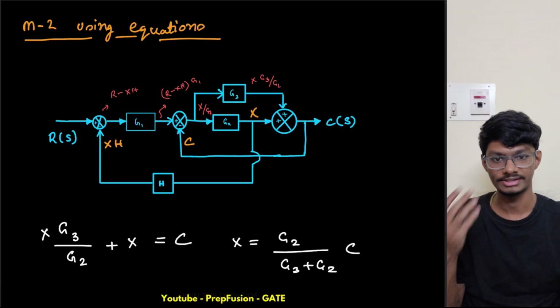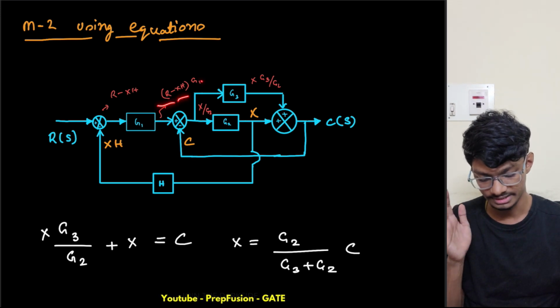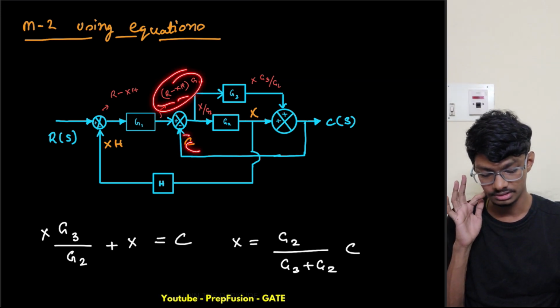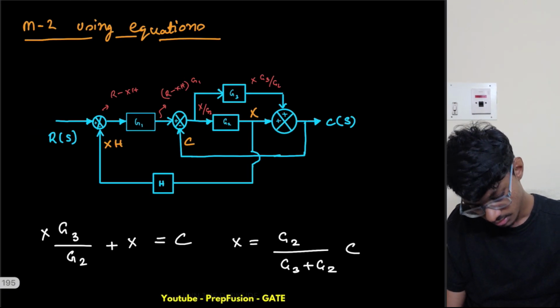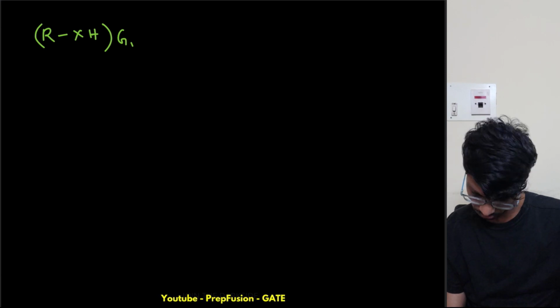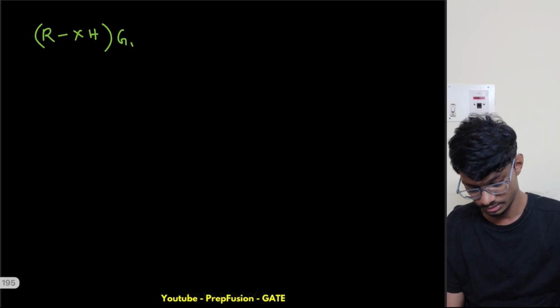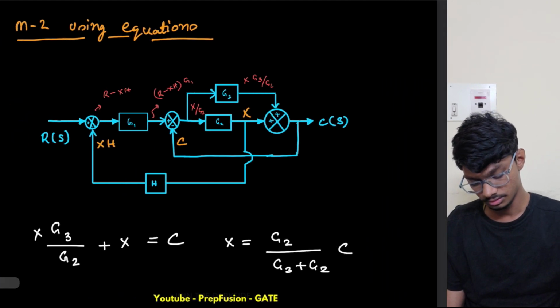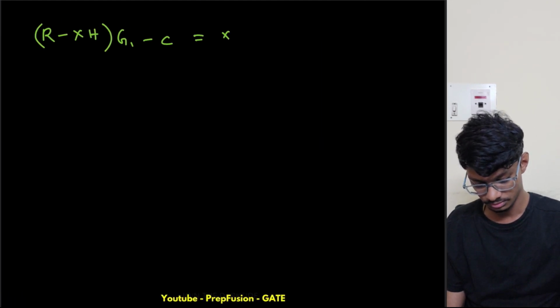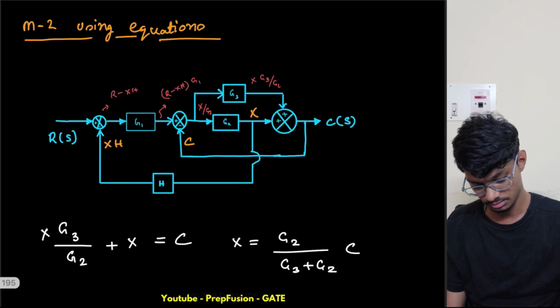So at this node, what is happening? R minus xh, times g1, minus c equals x by g2.